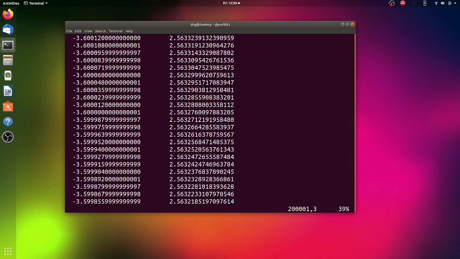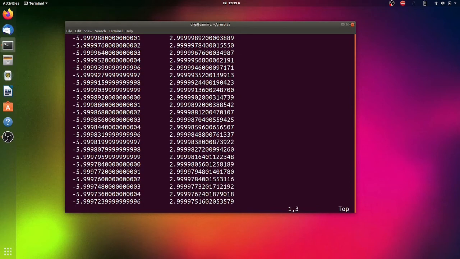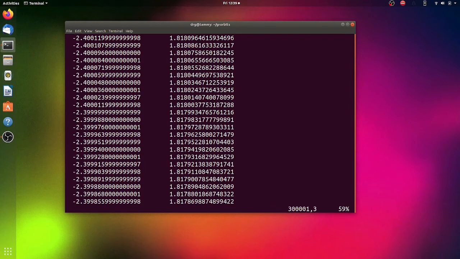At 200,000 steps, the radial coordinate is down to 2.56. At 300,000, the radial coordinate is down to 1.81. We have already crossed the line. We've crossed the radial coordinate r equals 2. We're inside the black hole now.